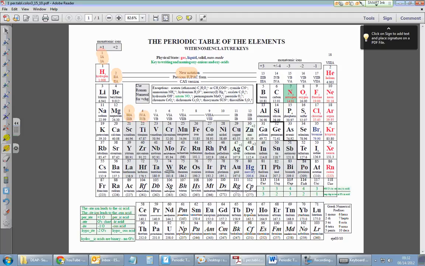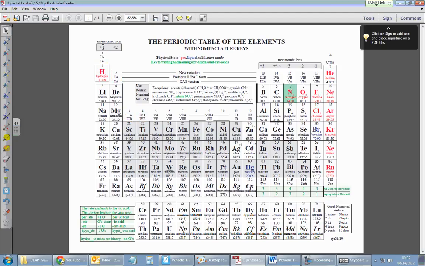Unfortunately, your textbook uses, I believe, the previous IUPAC version. It may even use the CAS version, but it uses one of the old Roman numeral systems. So they're all there so that there's no confusion. And that information is all pretty standard on a periodic table.